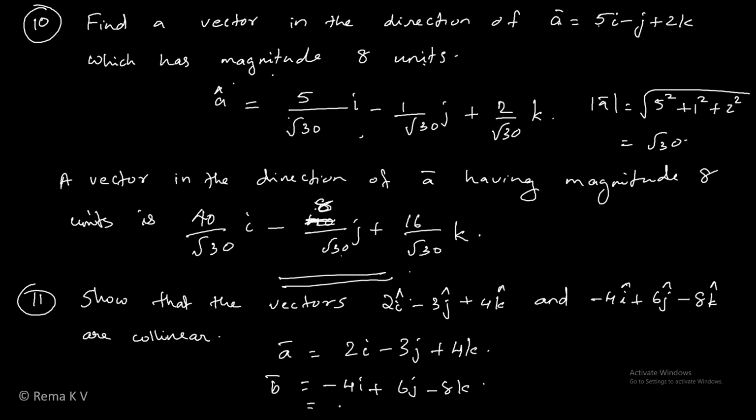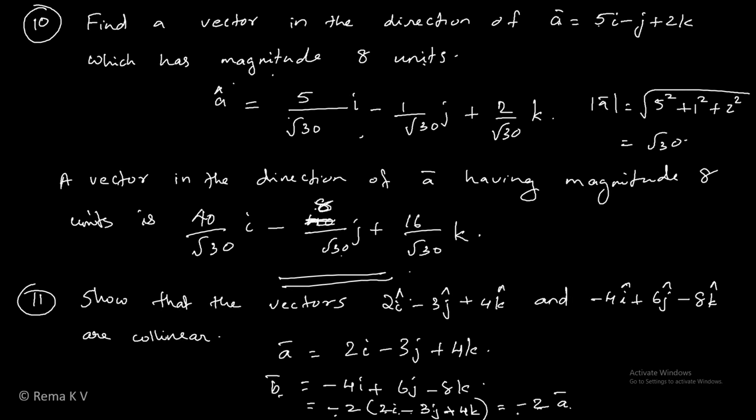This can be written as minus 2 into 2i minus 3j plus 4k. Minus 2 is a common factor here. So it becomes minus 2 into 2i minus 3j plus 4k. This is equal to minus 2 vector A. Vector B is a scalar multiple of vector A. Therefore, they are collinear.